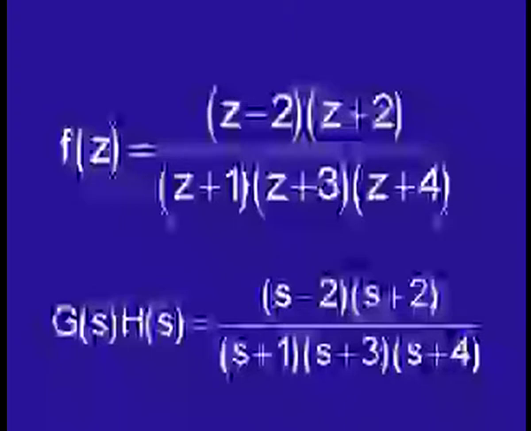Now, this is just a matter of standard practice. Somehow the letter z was used by mathematicians for work with complex variables for a long time. The letter s somehow was the preferred letter when discussing the Laplace transformation, and so we talk about G(s) H(s) rather than G(z) H(z).